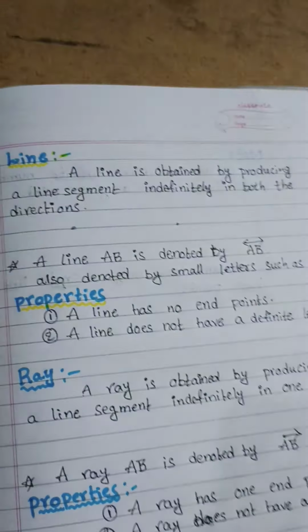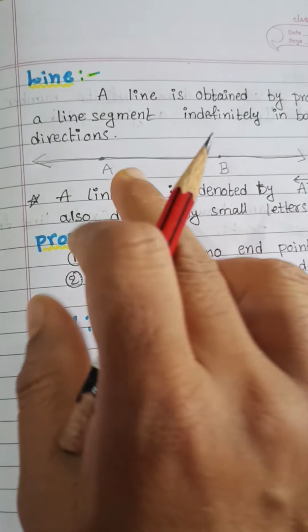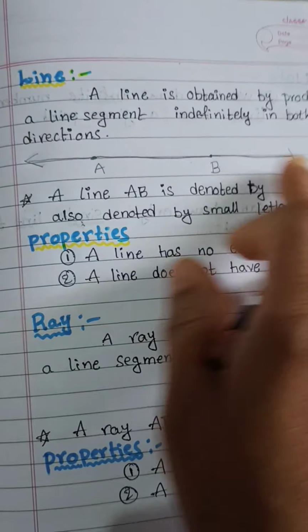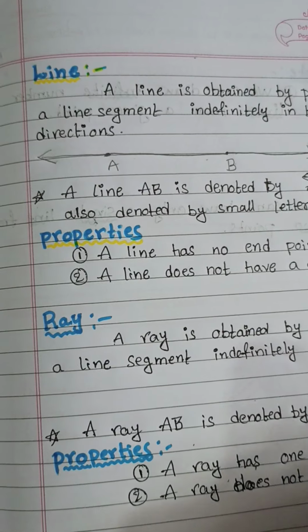We know already, if you extend a line segment in both the directions, right side, left side, a line is obtained. A line segment extended indefinitely in both the directions is called a line.